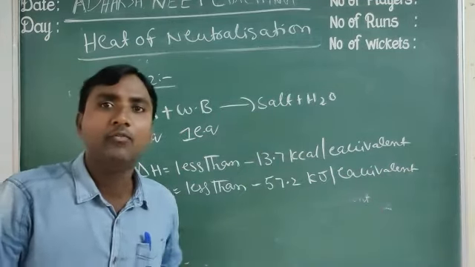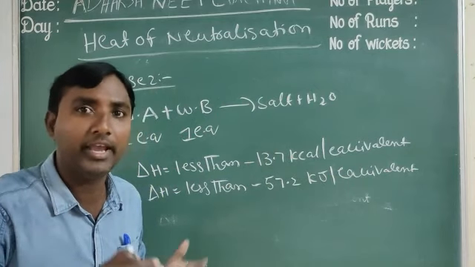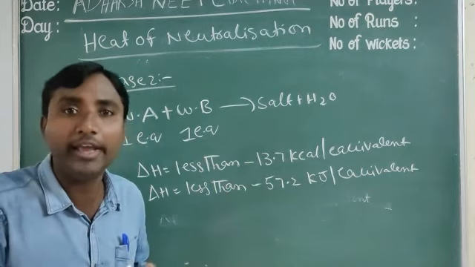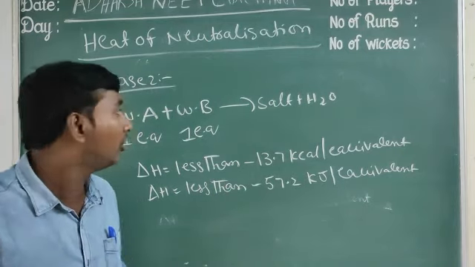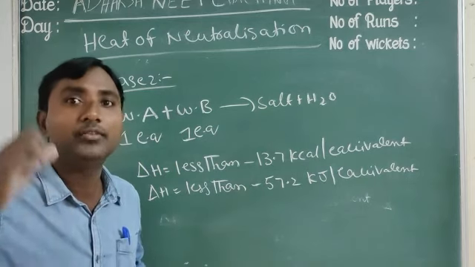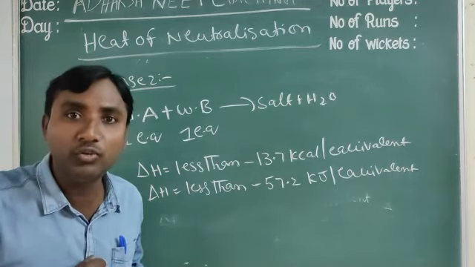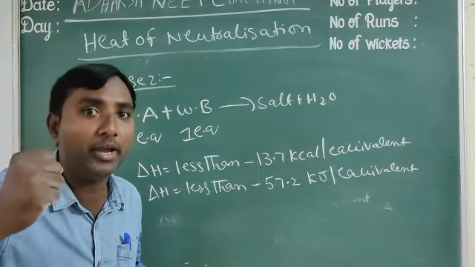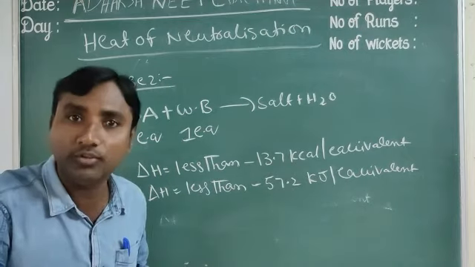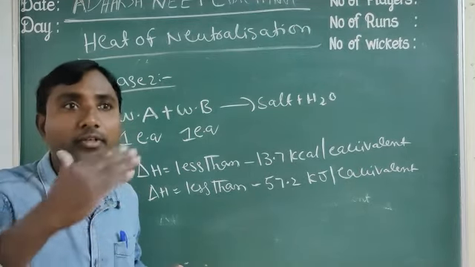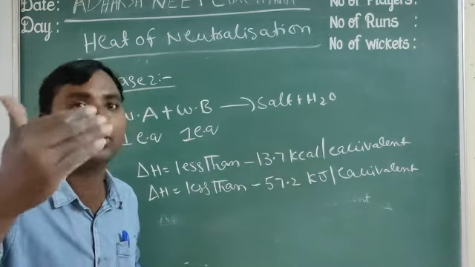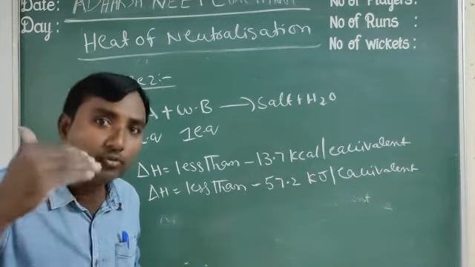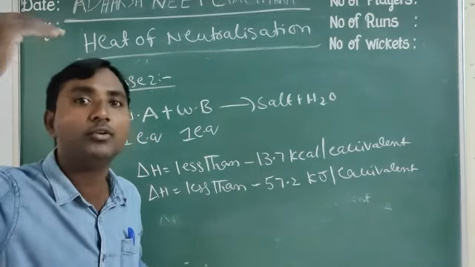Why is the heat energy released for weak acid and weak base less than for strong acid and strong base? For weak acid and weak base, some heat energy is used for dissociation of their bonds, because strong acid and strong base dissociate completely and fast, but weak acid and weak base dissociate incompletely, and the dissociation process is also somewhat slow.